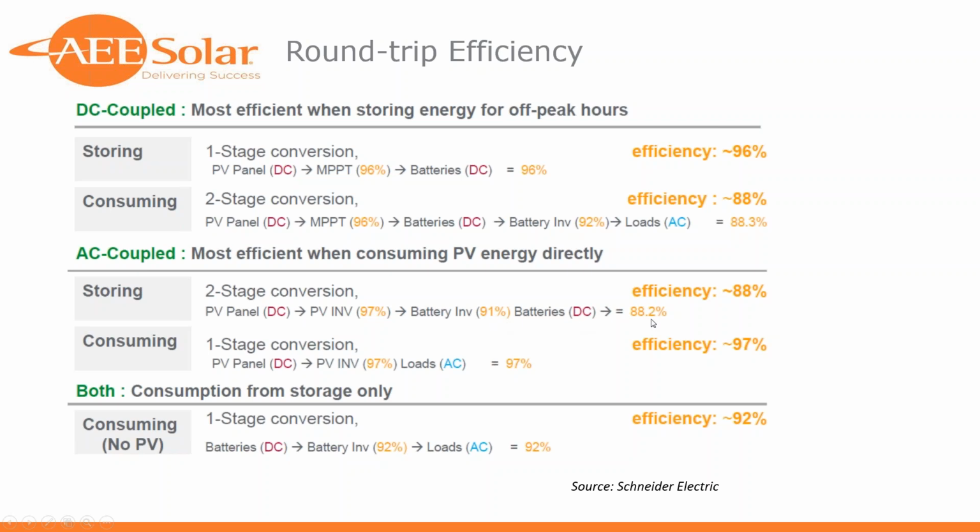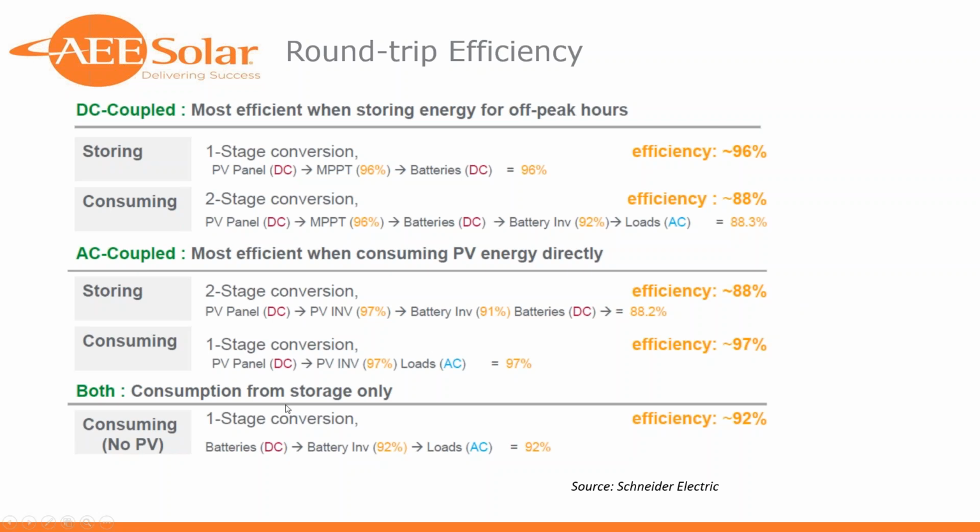Back into the batteries, 88.2%. So this 91%, really what that's speaking to is the efficiency of the charger on board the inverter. So the charge cycle in a battery inverter is typically going to be less efficient than a similar charge cycle from an MPPT charge controller. So a round trip efficiency of storage of 88%.